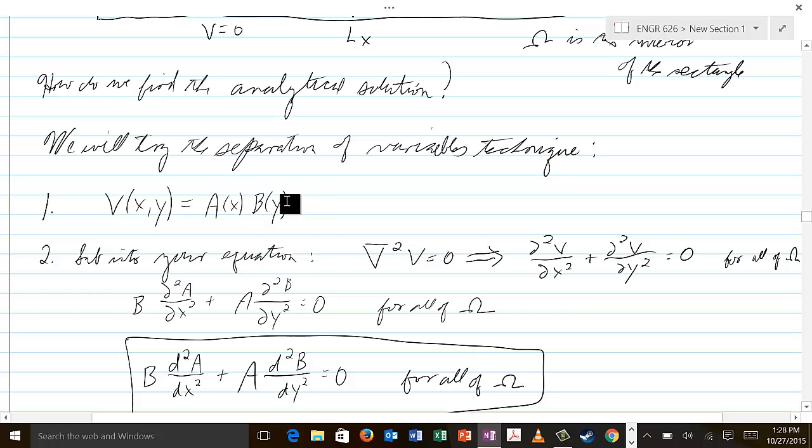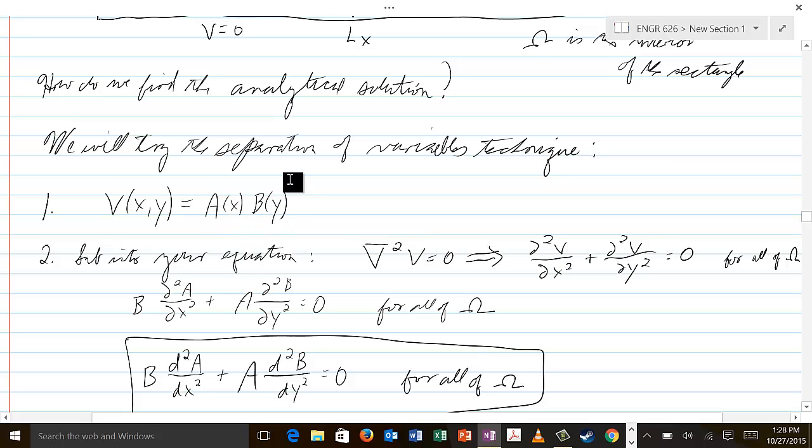This is not always going to be the case, but it is frequently the case in problems of interest in physics and engineering. And as we will see, this assumption will lead to a great simplification in the problem. So that's why we're going to proceed with this.